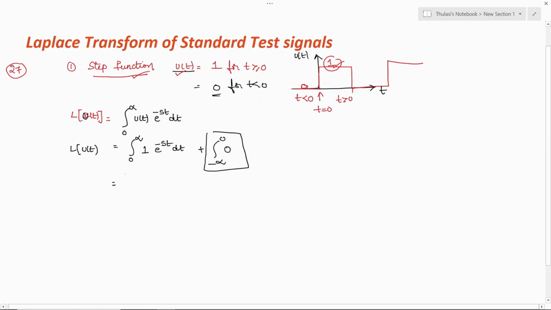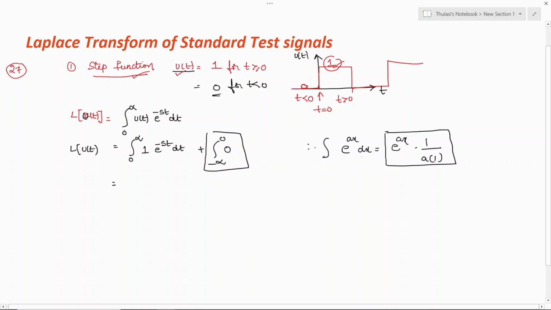So now try to perform the integration. We already know the formula: the integral of e to the power ax dx is equal to e to the power ax into 1 by a, which is nothing but 1 by a into e to the power ax.